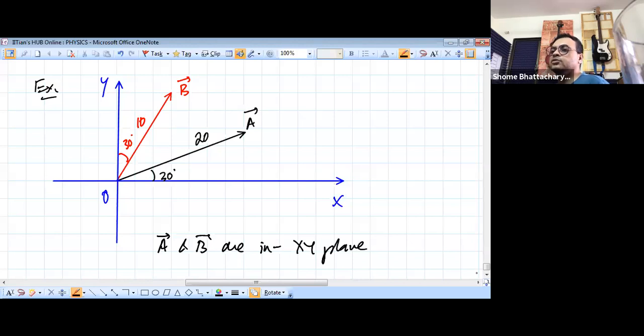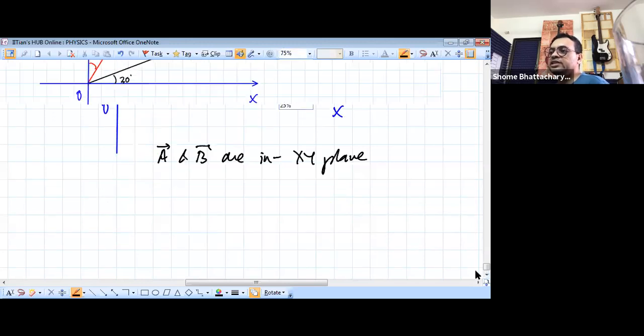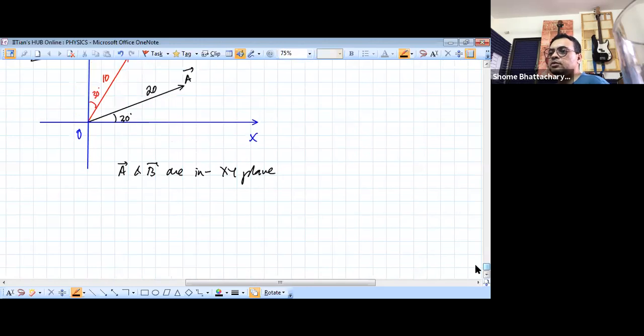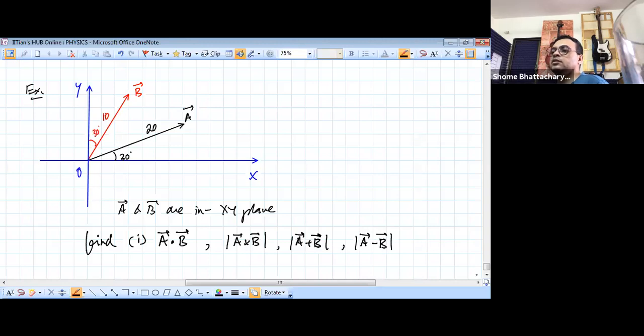Okay. Now let us do some operations in this, through which we will understand all these things: dot product, cross product, projections, everything. Okay. So find A dot B, magnitude of A cross B, magnitude of A plus B, and magnitude of A minus B. Okay.